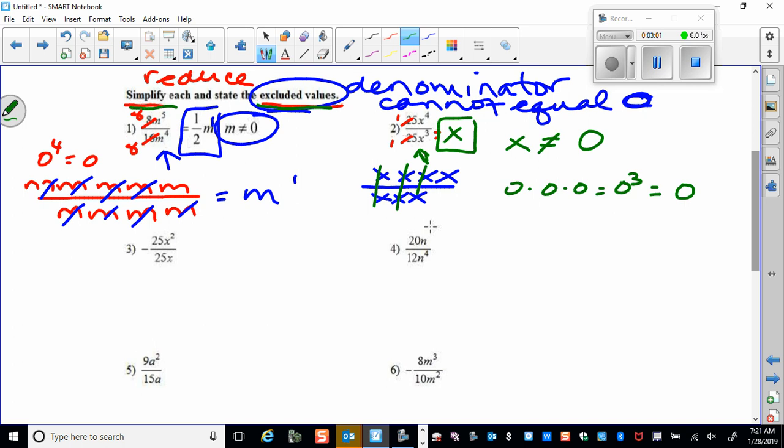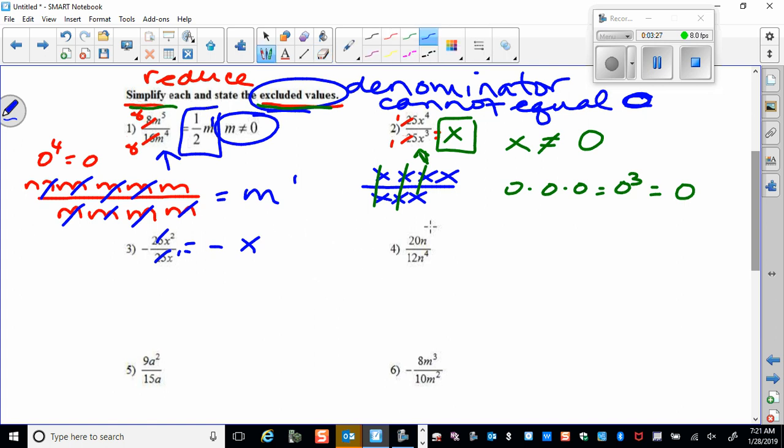And going to the next one, I've got negative, so my answer is going to be negative because that's out front. Again, the 25s cancel out, that's 1. And then x squared divided by x is going to be just x to the 1st power, right? Because 2 minus 1 is 1. All right, so, and I'll just erase that. I'm not going to put the 1 there.